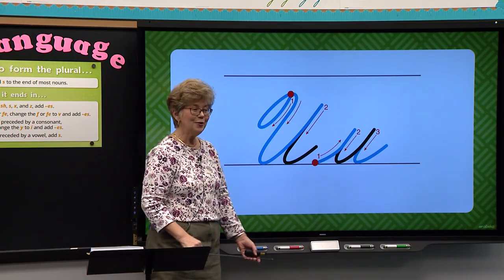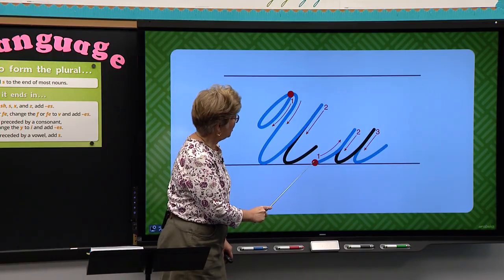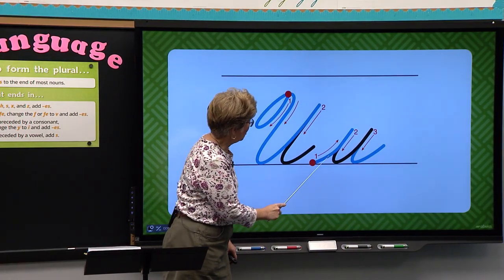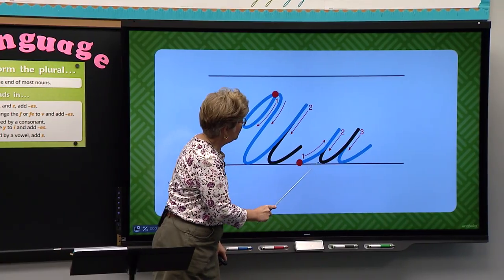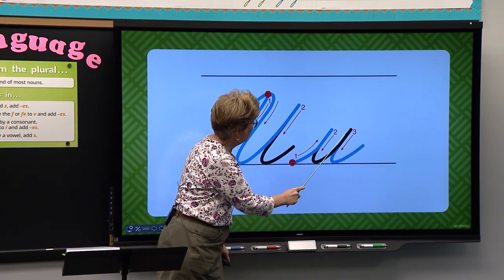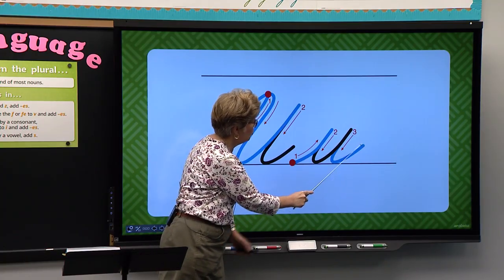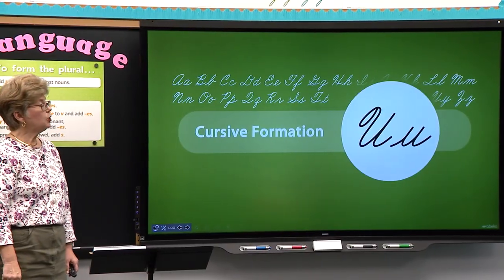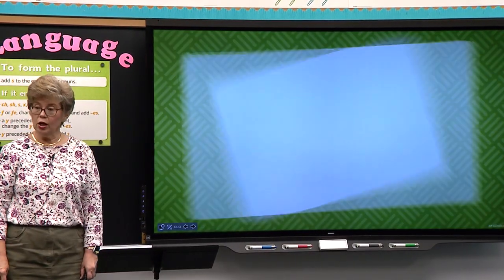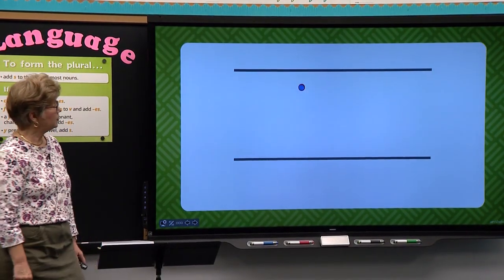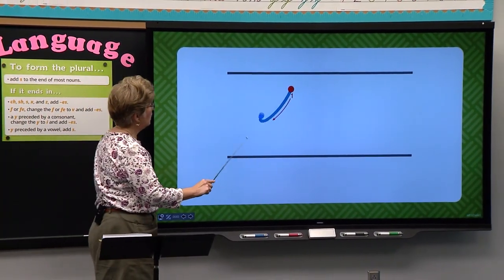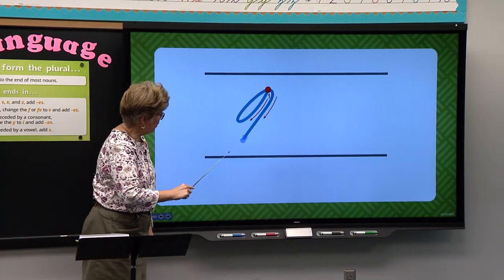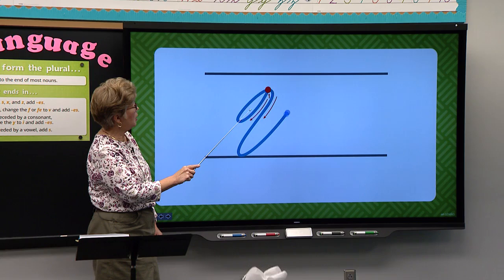Lowercase letter u is kind of like two eyes connected. We start, go up, slide down, and repeat it, up, slide down. They are the same height, and there's your connecting stroke. Here's the formation of these letters. Notice particularly the start of the teardrop. Going down and around, back down to the baseline, back up.